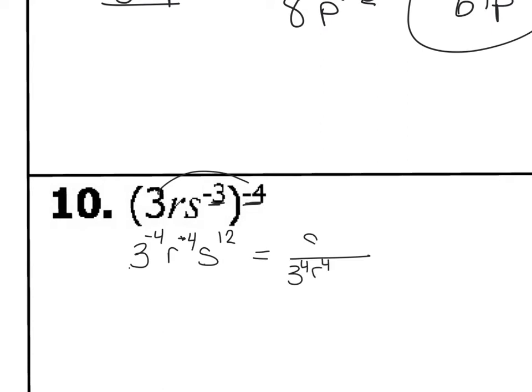And the s is positive, so it's going to stay where it's at. And we can do one more. 3 to the 4th power would be what? 3 times 3 is 9, times 3 is 27, times 3 is 81. r to the 4th, s to the 12.